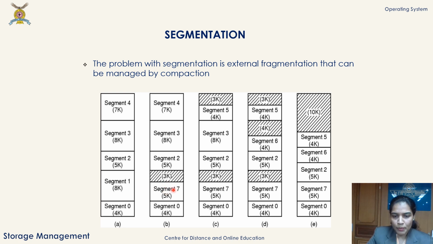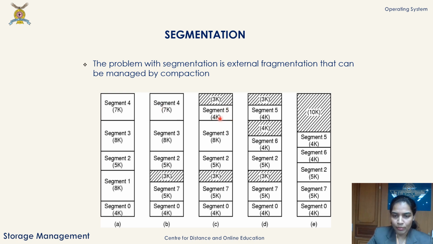A new process is loaded with segment 7. That process requires only 5K of memory, so 3K of memory is unused here. After some time, you observe figure C. The process loaded at segment 4 will leave the memory and a new process will come at segment 5.